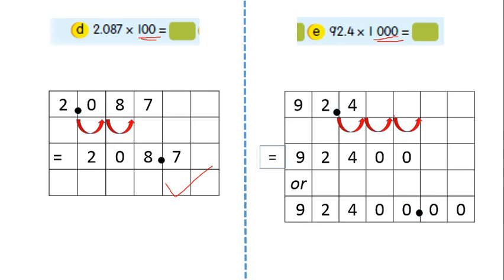So in this space, ruangan ini, you put 00 and this is where your decimal point is moved. So you will have 92,400.00, or you can ignore the 00 there and you can put 92,400. Both answers are correct.